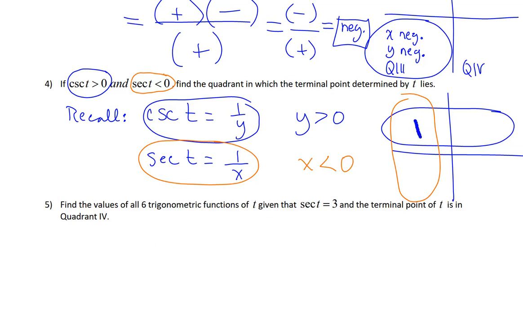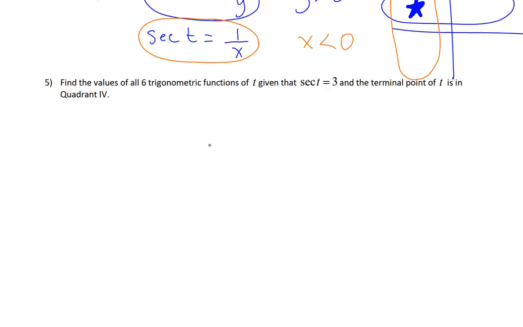Well, that would be right in quadrant 2, which is, again, the upper left quadrant. So that's where both of these things happen. Cosecant, which is 1 over y, is positive, because y is positive there. And secant, which is 1 over x, is negative, because x is negative there. There's no other place where both of those are true, so that must be our result.